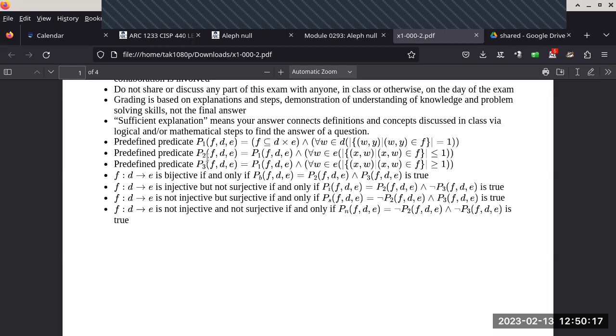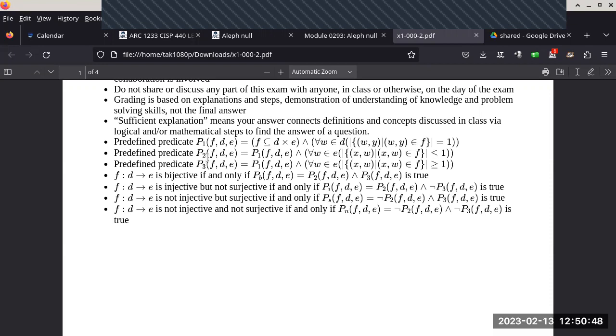For every element in the codomain, if I create a set where each element is in the format of XW, with W already known as an element of the codomain, and XW has to be an element of F. So now we have to construct a subset of F where W is already known to be in the codomain, and we want the cardinality of that to be less than or equal to 1.